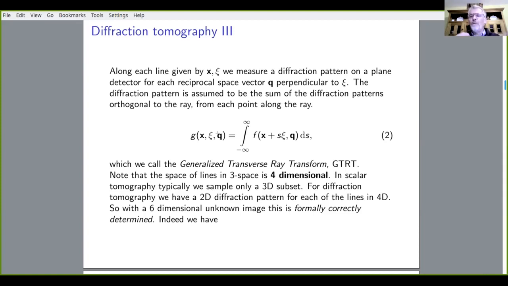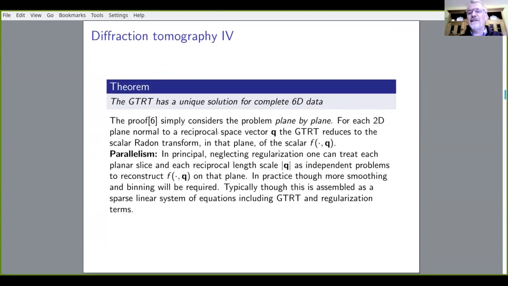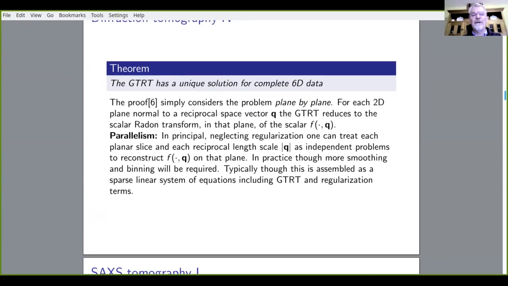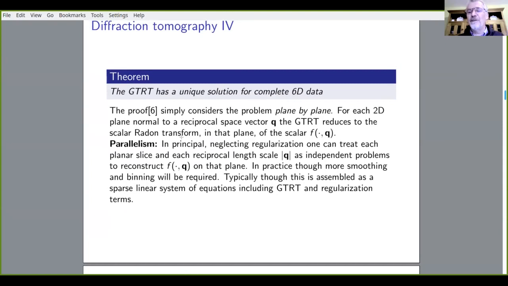In other words, we want a function f of 6 variables, and we measure a function of 6 variables, which is 4 variables describing a line, and then 2 variables on the diffraction pattern perpendicular to each line, right? So it looks about right, and it turns out it is right, because there's a little theorem here, which is fairly easy conceptually to prove, that it's got a unique solution if you take complete data.